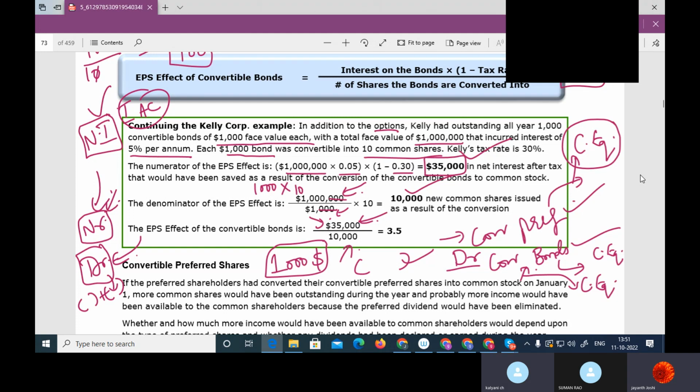So diluted EPS is 1.68 and undiluted EPS is 1.7. Diluted EPS is 1.68, no? Yeah. And then we found this 3.5 over here.